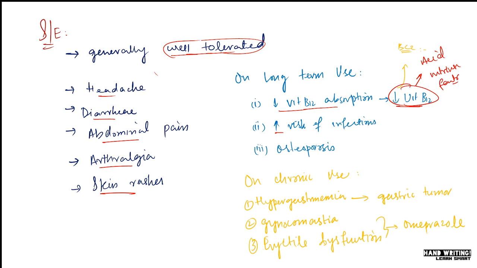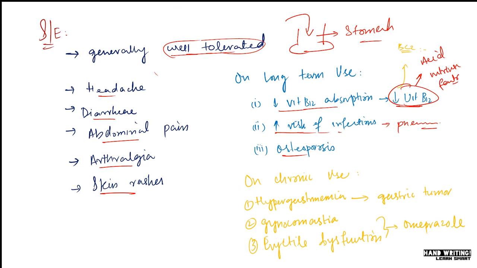They also increase the risk of infections, usually hospital acquired pneumonia, because acid is one of the first line defenses against pathogens when they enter the body through the gastrointestinal tract. The acid in the stomach provides resistance against the pathogens.